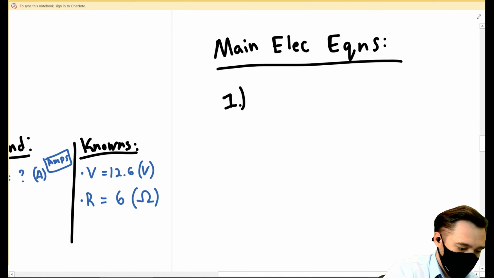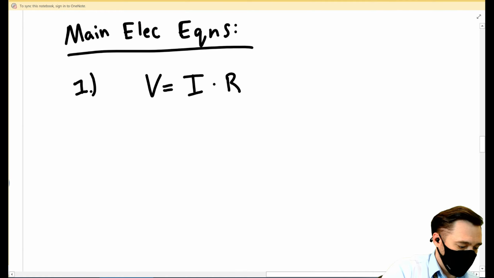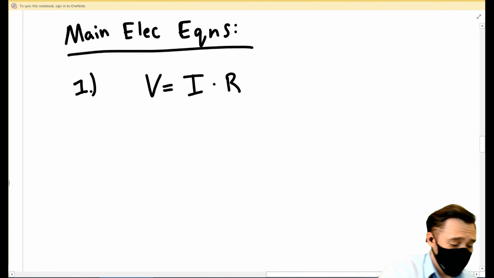The first one is V equals I times R. You guys may have seen this equation before.